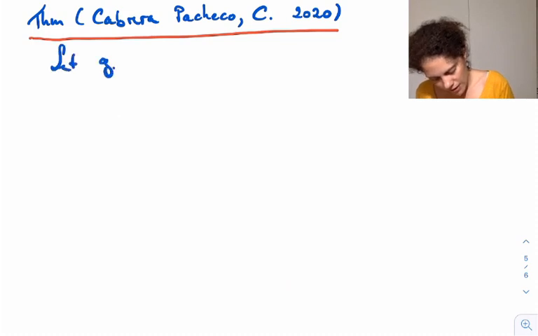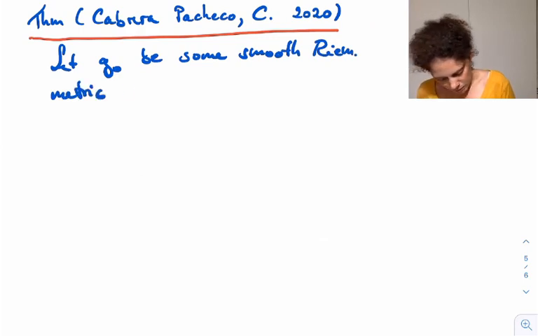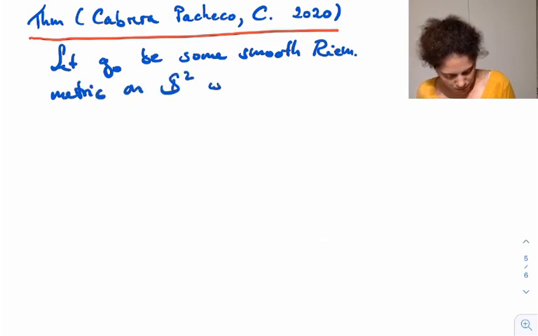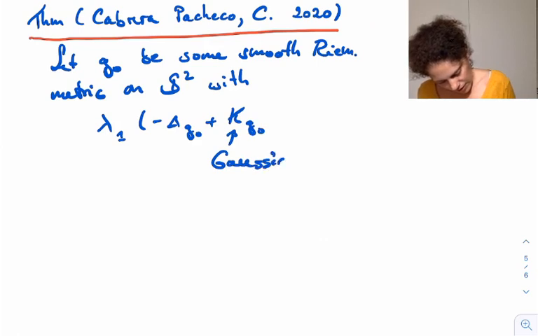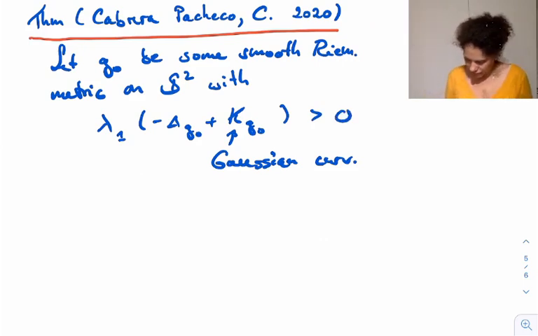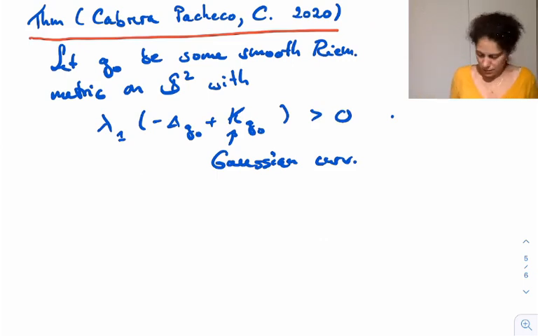Let g0 be some smooth Riemannian metric on S2 with the lowest eigenvalue of the following operator, minus Laplacian of g0 plus K of g0, where K is the Gaussian curvature, being strictly positive. Give me such a metric, please.